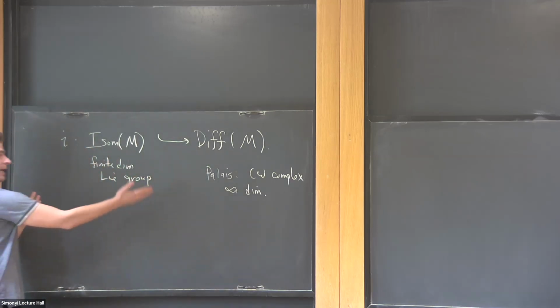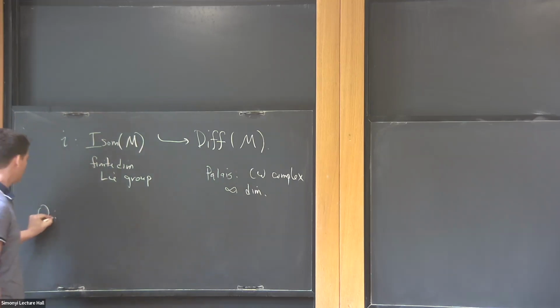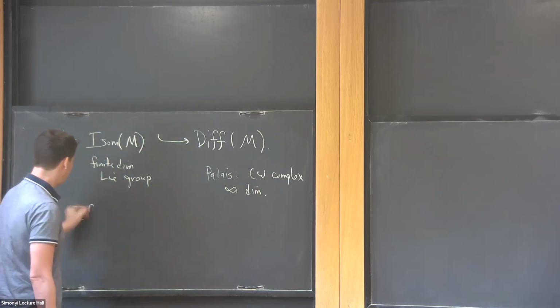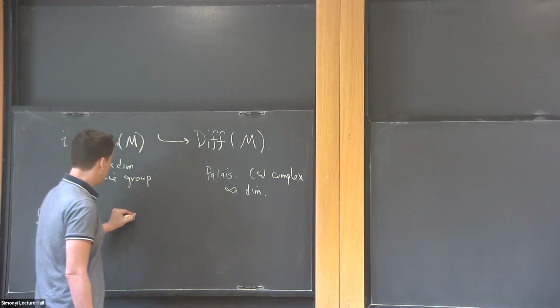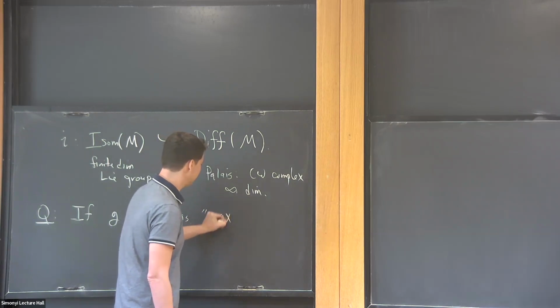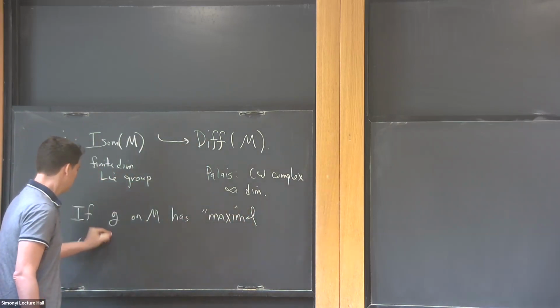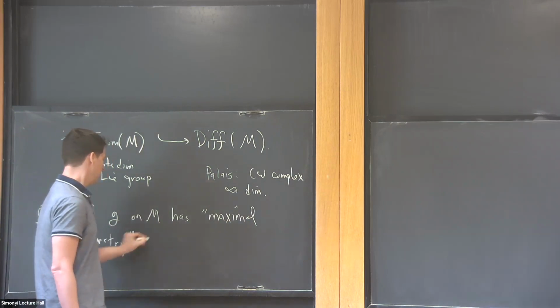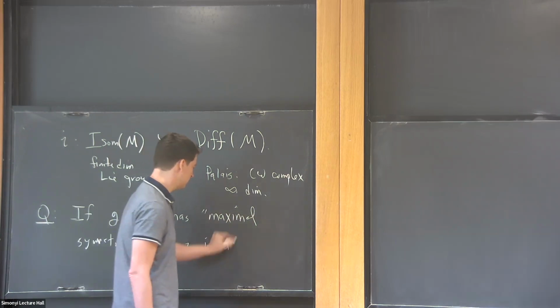So the basic question is: if the metric g on M has, let's say, maximal symmetry, then what you could hope is that this injection I is actually a homotopy equivalence.